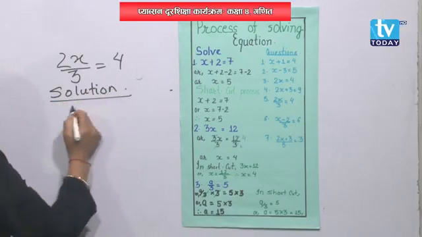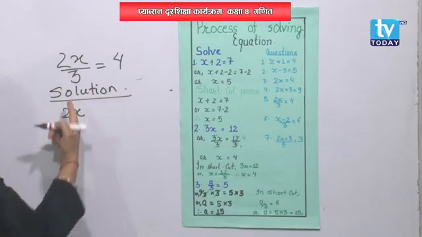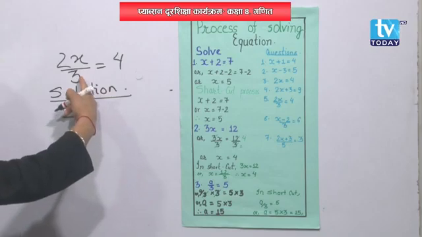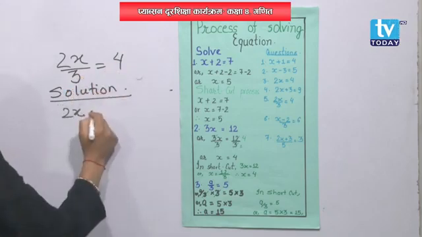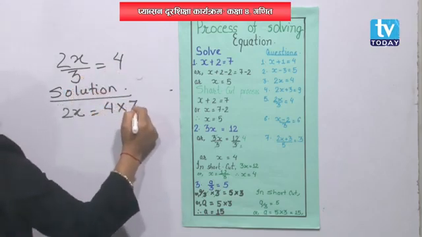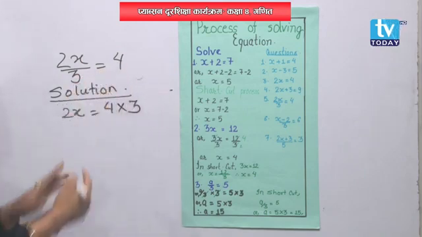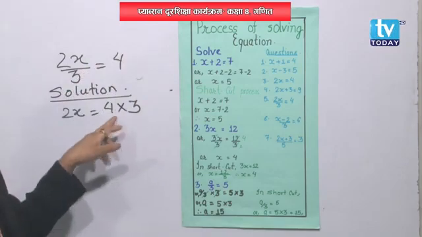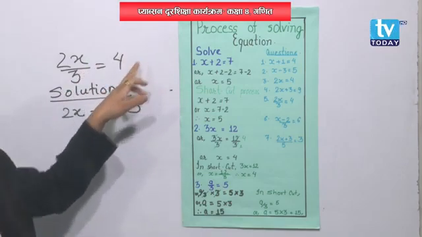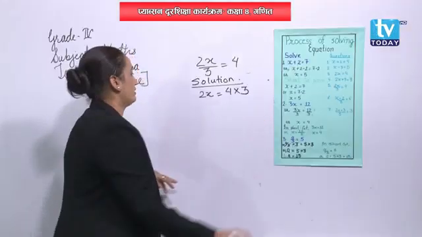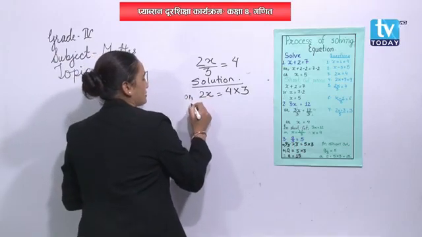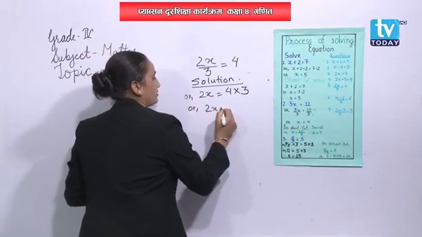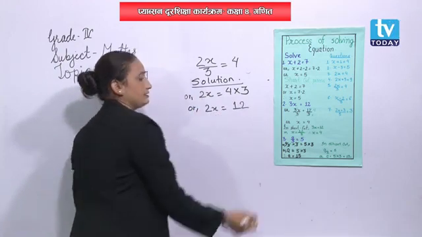Just like before, 2x and 3 is here, right? So let's multiply with another 3. See, 4 times 3. This 3 will go and multiply with this right hand side 4. 4 times 3, what will be the answer? 4 times 3 will be 12.